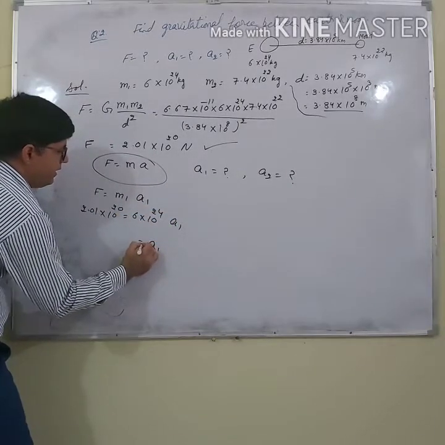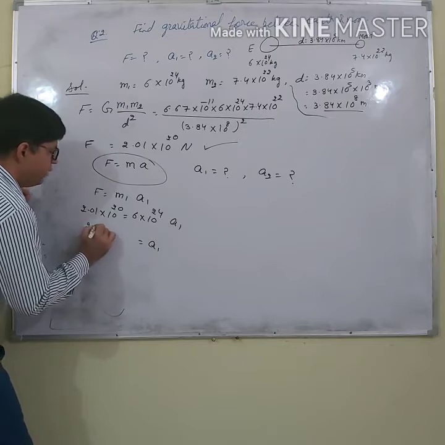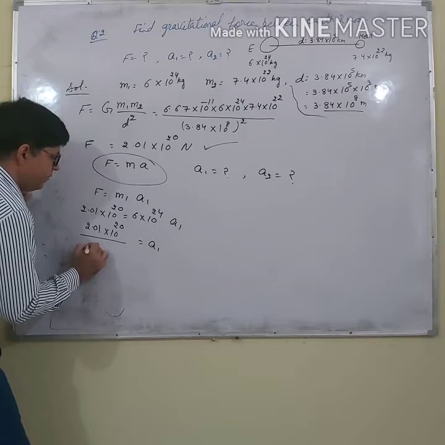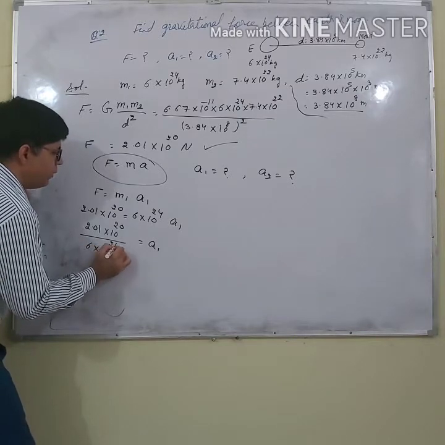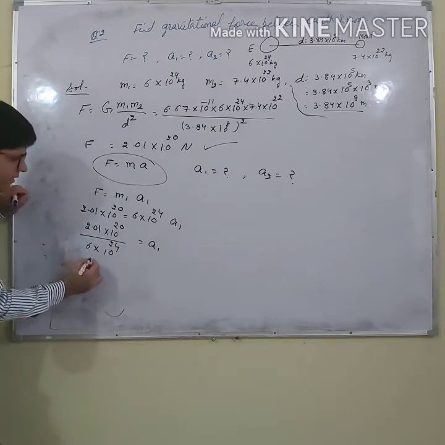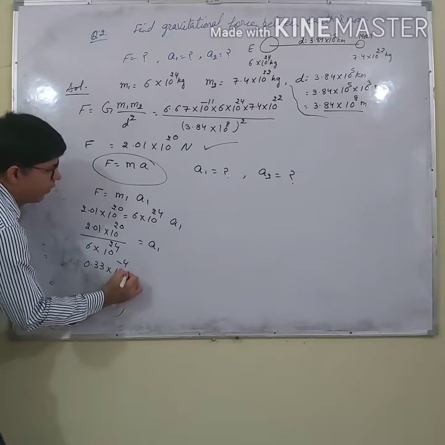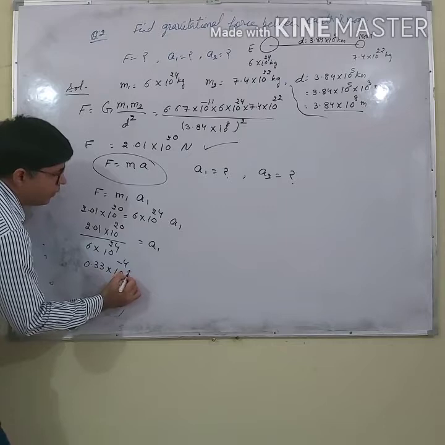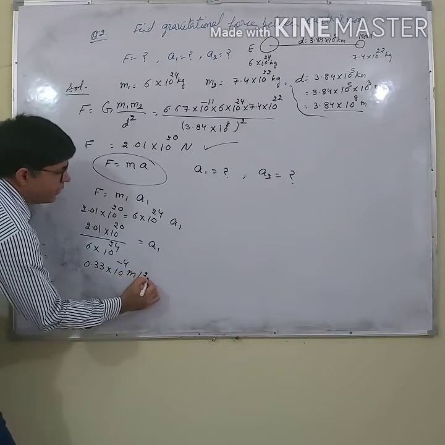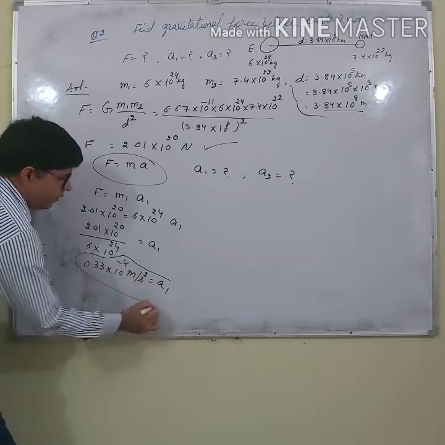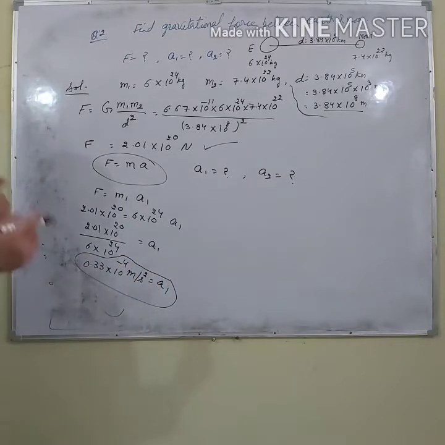So how much is a1? 2.01 × 10^20 divided by 6 × 10^24. 2 threes are 6, so you will get 0.33 × 10^-4. What will be the units? The unit of acceleration is meter per second squared. So this is the acceleration which is produced in the earth.